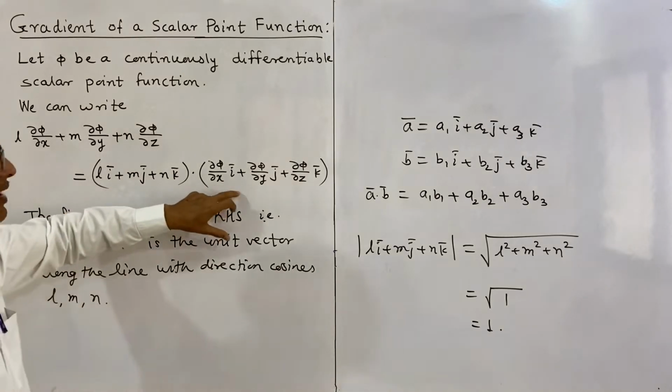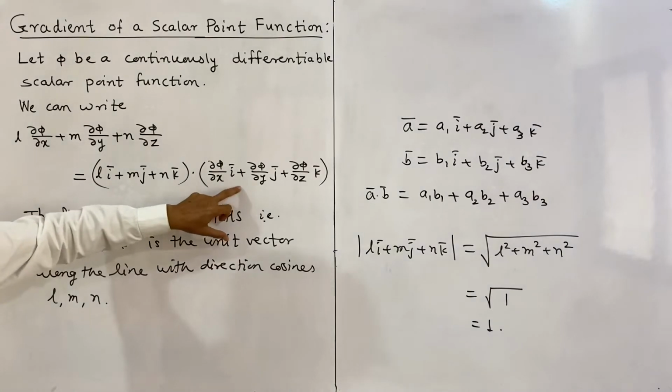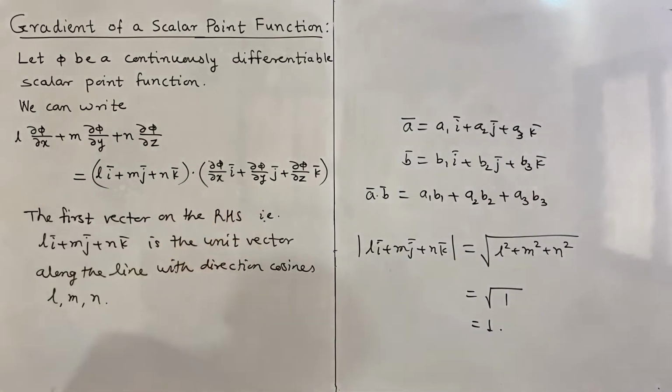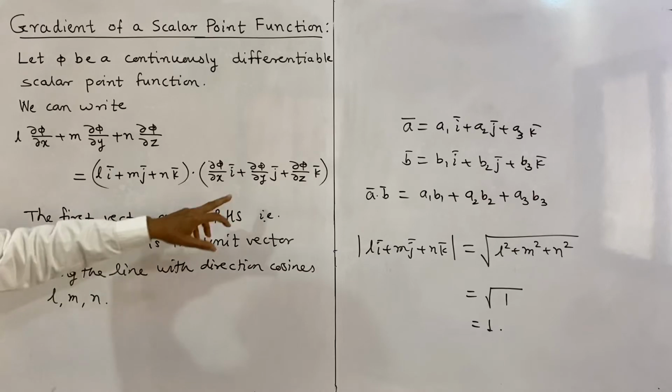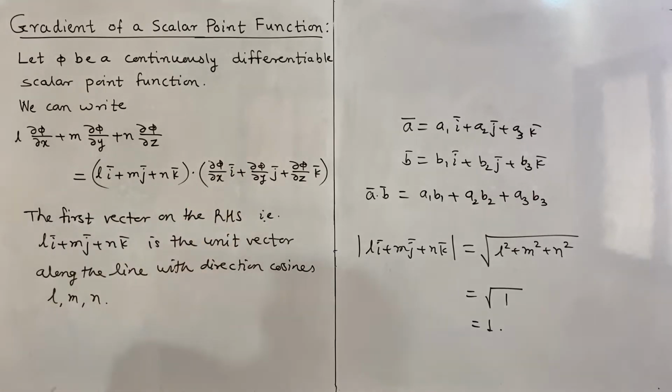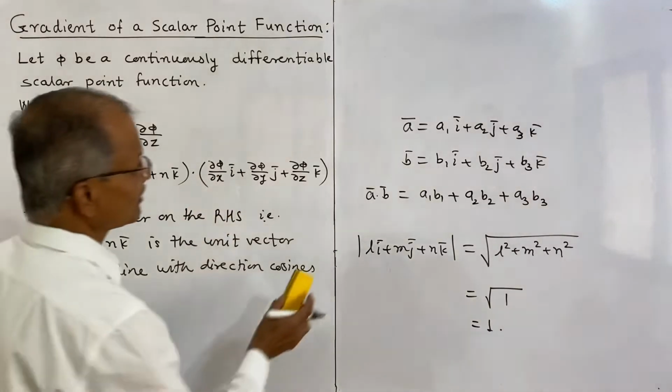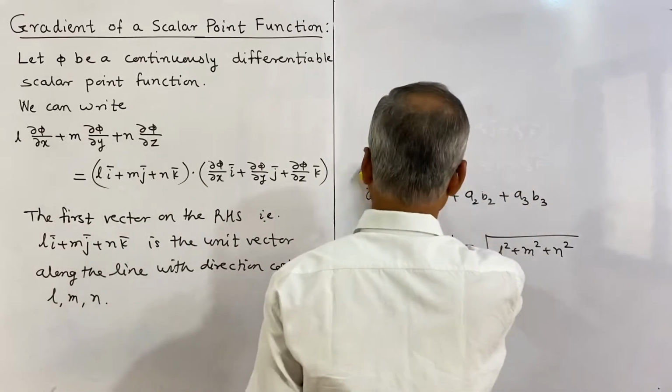And what about the second vector that we shall now define? This second vector we are going to define as the gradient of the scalar point function phi. So we write the definition of the gradient of phi.